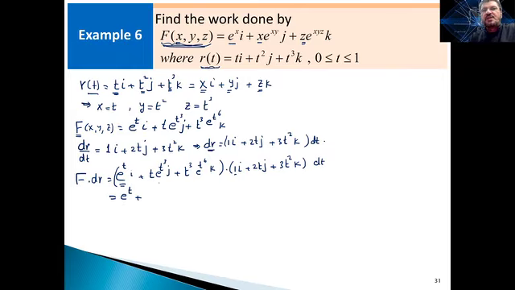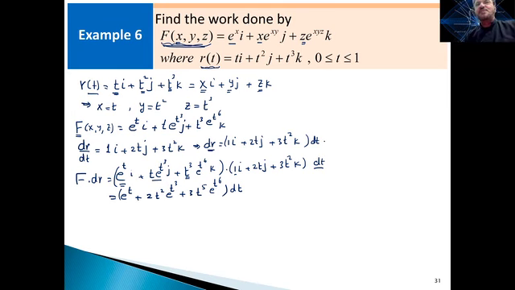Plus t e to the t cubed times 2t is what? 2t squared e to the t cubed, plus t cubed times 3t squared is 3t to the 5 e to the t to the 6. This is F dot dr. And finally, don't forget, there is a dt.